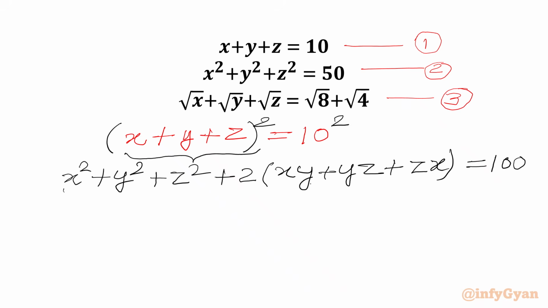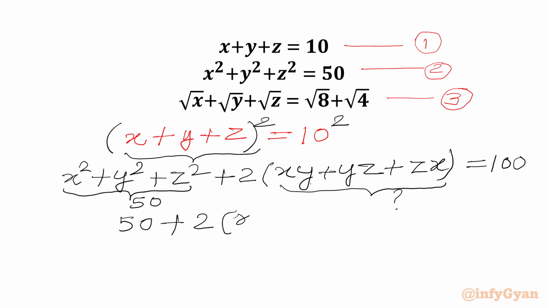Now we have equation number 2, so here we can write 50. Now we will find xy plus yz plus zx. So I will write here 50 plus 2 times (xy plus yz plus zx) equal to 100. Now we have to subtract 50 from both sides.